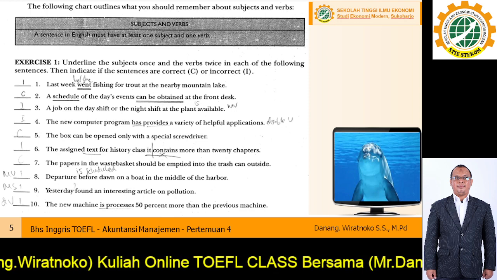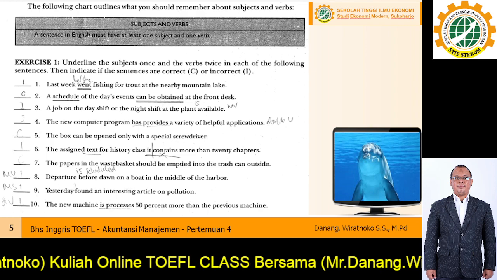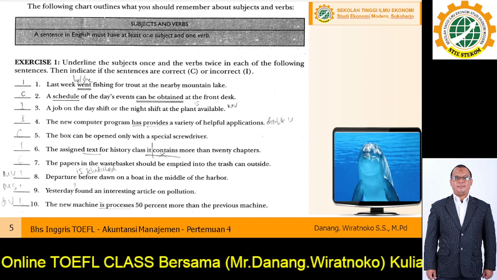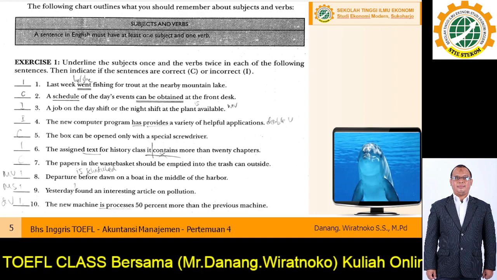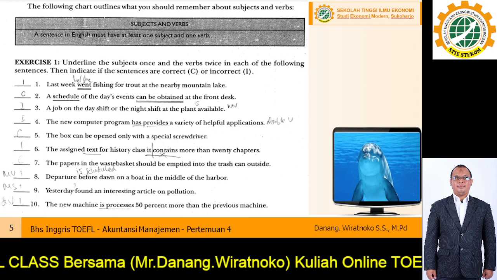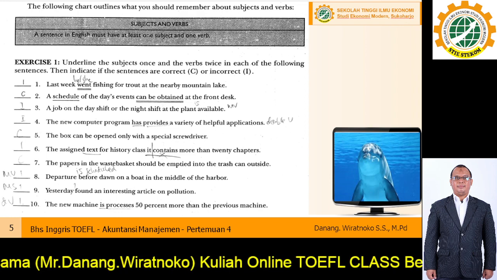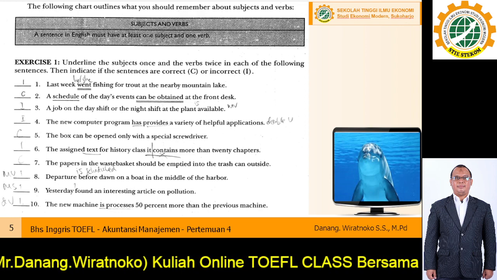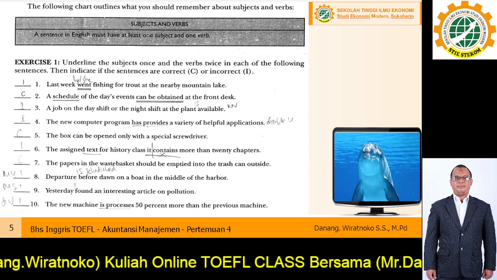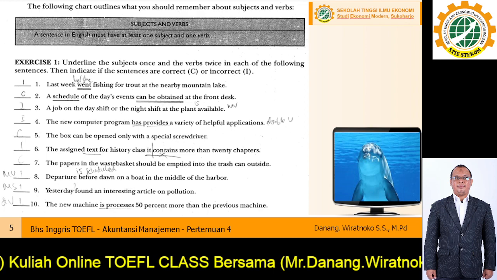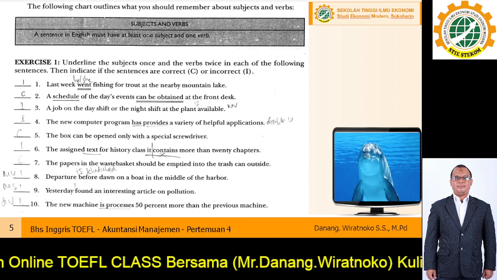It has provides, no. So the new computer program has a variety, boleh. The new computer program provides a variety, boleh. Yeah. You don't have to put 2 verbs. Ini wasting. Okay, so incorrect ya. So the new computer program is 1 line. Has provide atau provide is double line.